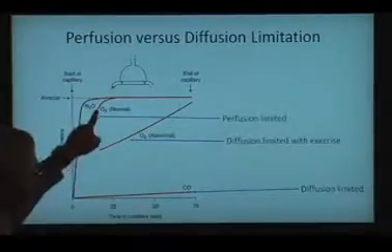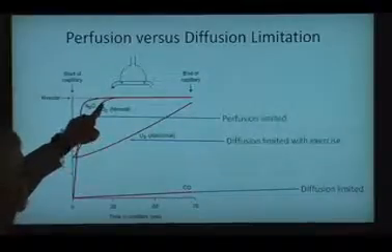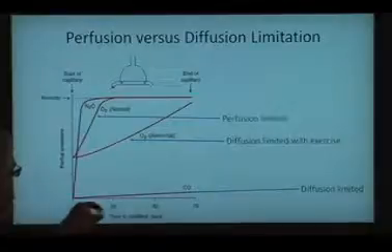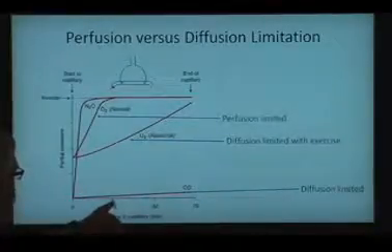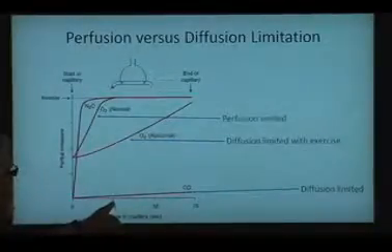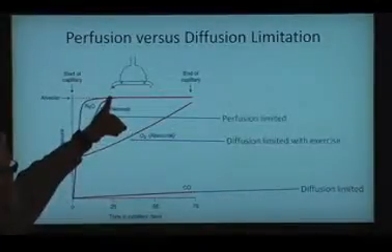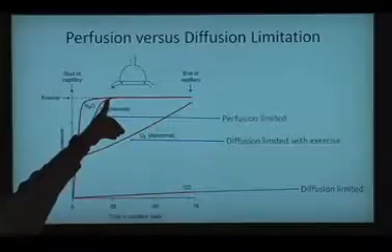And you can see that normally for oxygen, that is similar to nitrous oxide. And in fact, normally for oxygen, after about a quarter of a second, the concentration, or the PO2, in the blood is the same as the PO2 in the alveolus.